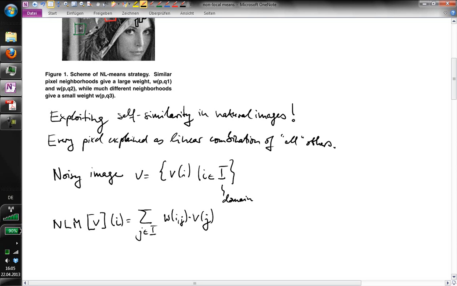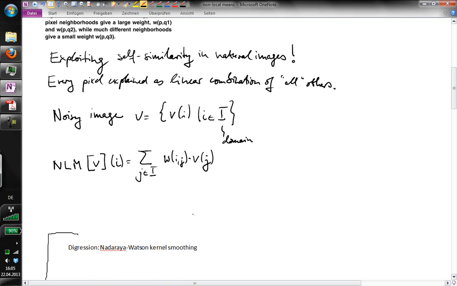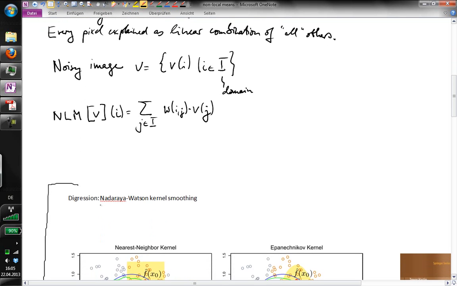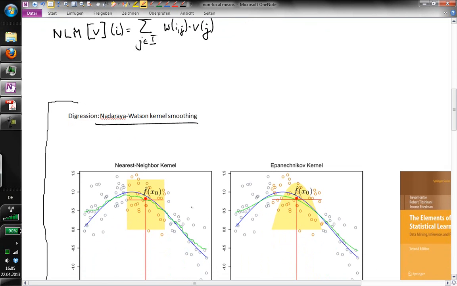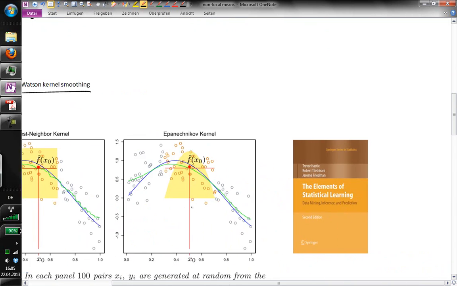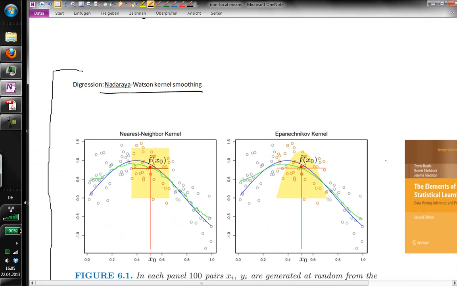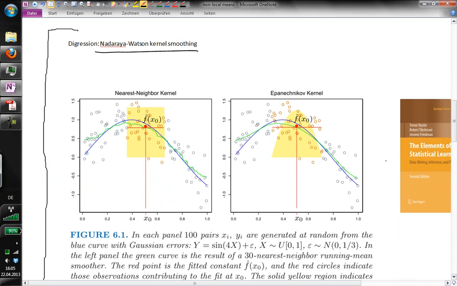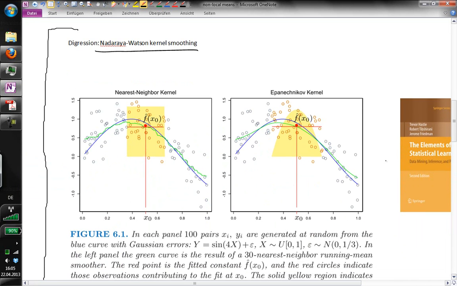Now what we have here is just a specific instance of a so-called Nadaraya-Watson kernel smoother. And I'm taking an image here from the very good book by Hastie, Tibshirani, and Friedman. Let's focus on the left-hand side. First, this is a one-dimensional example.